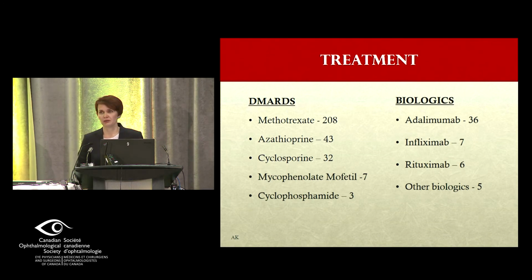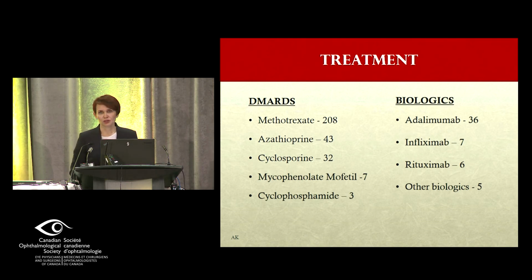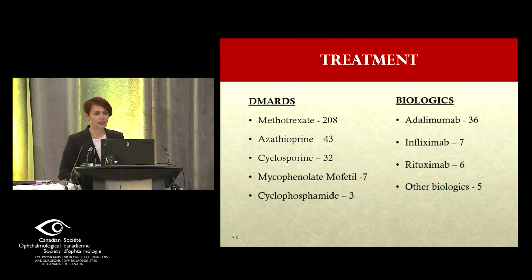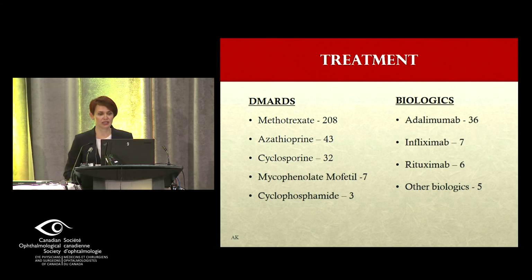The therapy could have been initiated for treatment of rheumatological diseases or sometimes inflammatory bowel disease, which have significant overlap with uveitis. Those drugs provide benefit for their primary disease as well as for treatment of their ocular inflammation. We have 7 patients on infliximab, 6 patients on rituximab, and 5 patients on other biologics.